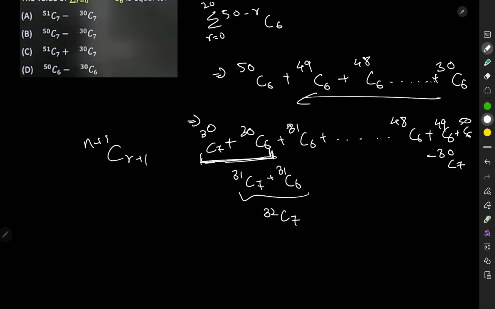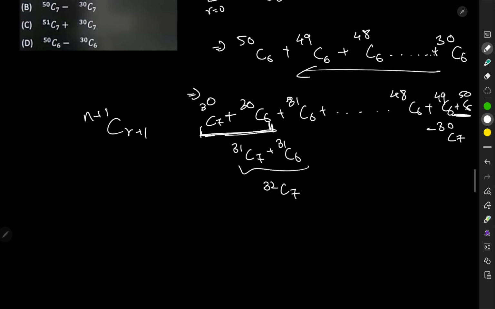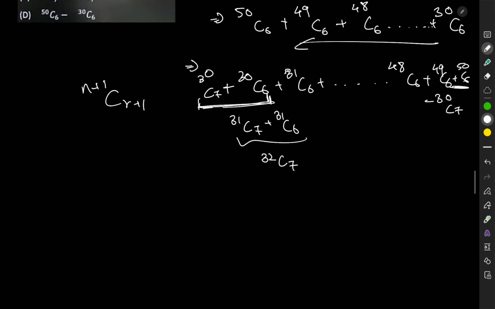This process will continue till the last term, and I will tell a shortcut trick to remember this. If you want to combine all these, you can see the last term and just add 1 in the n place and add 1 in the r place, then minus 30C7, right?